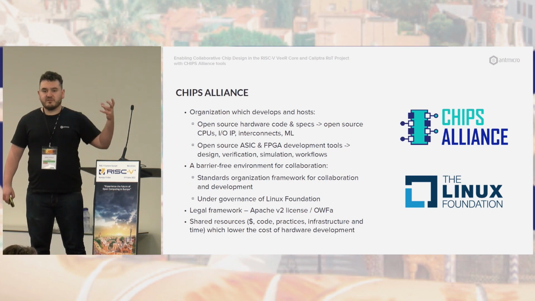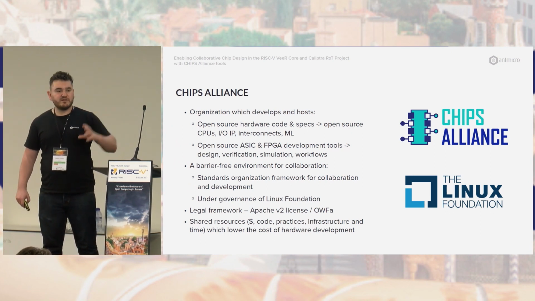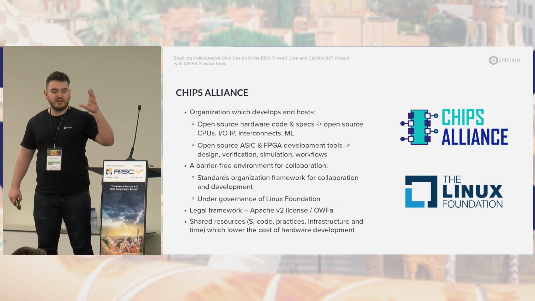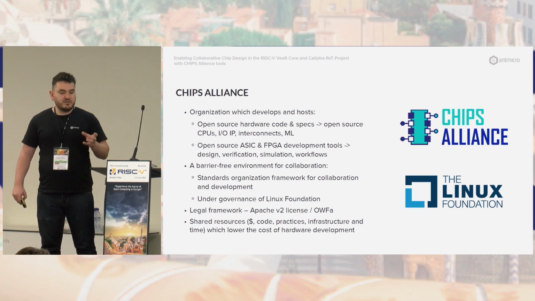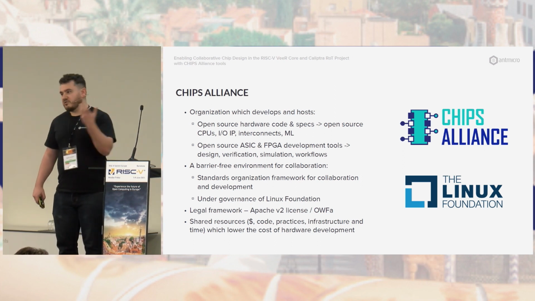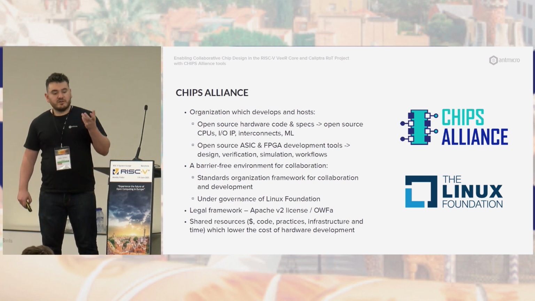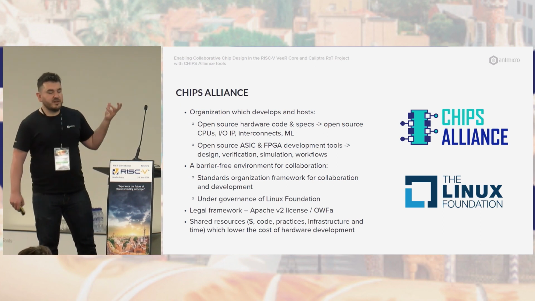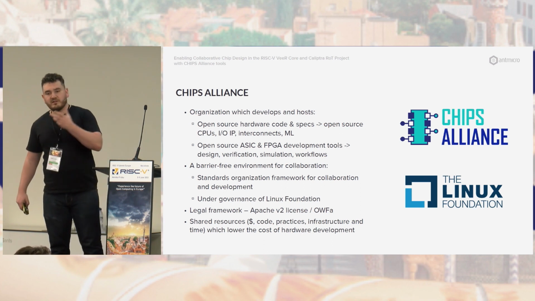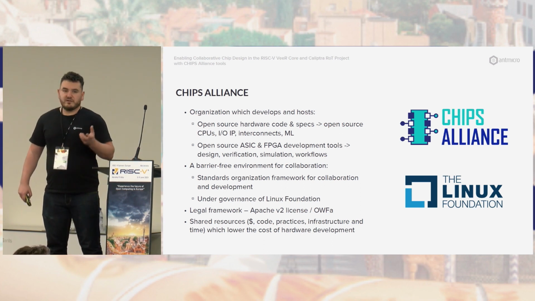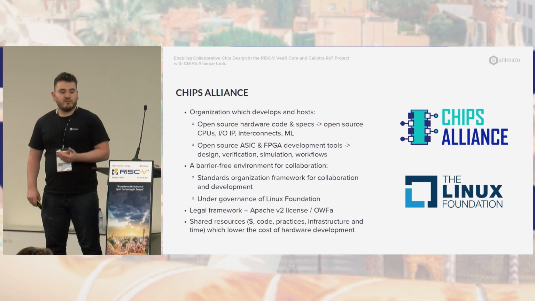Basically we focus on enabling anything that is required. So building blocks like CPUs, like I/O IPs, like interconnects, like machine learning accelerators, all the stuff that you need there, but also tools for designing, for verification, for simulation, and to maintain the whole development workflow.